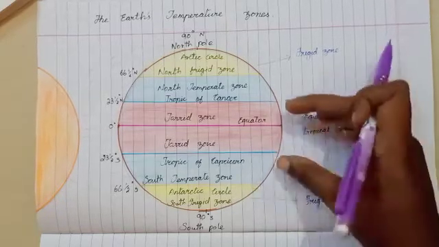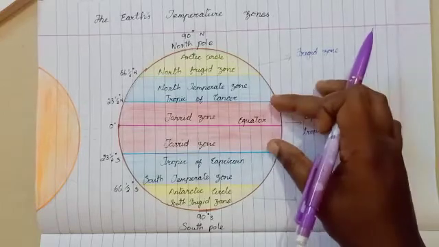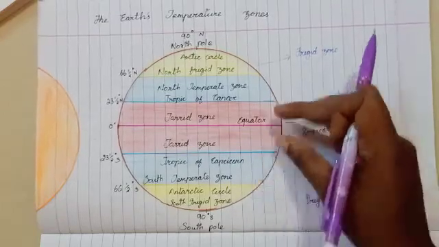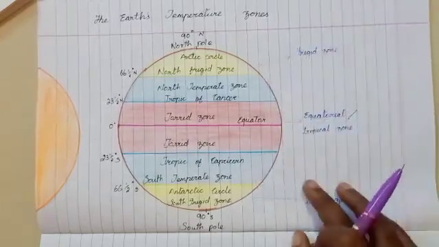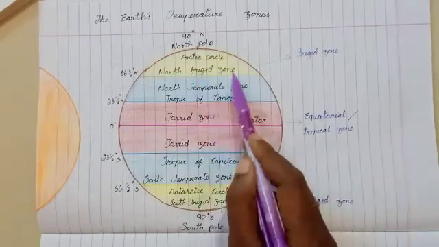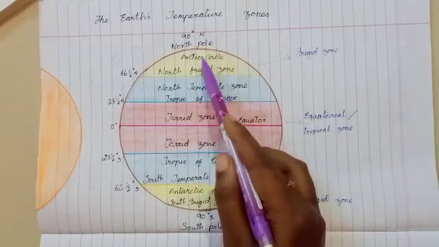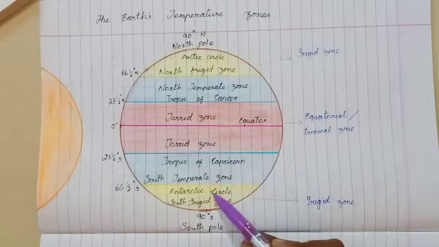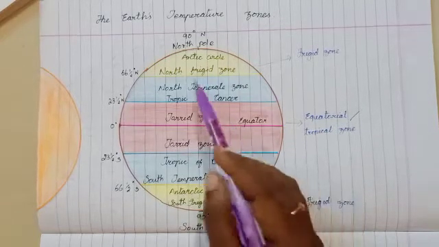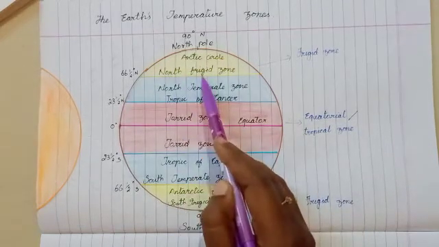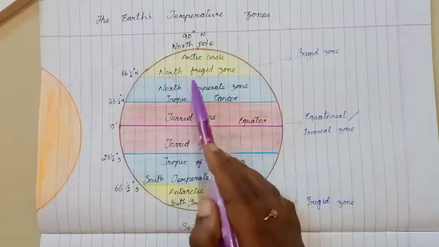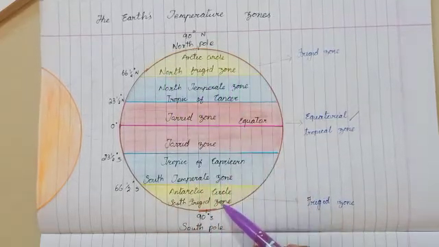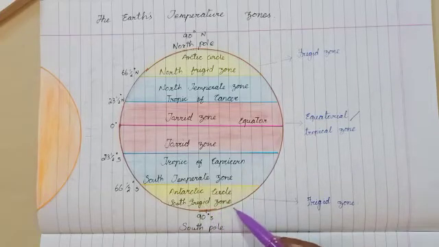So we have learnt about two zones. First one is the torrid zone and second one is the temperate zone. The third one we are going to learn about is the frigid zone. The Arctic Circle and Antarctic Circle area is called the frigid zone. Which is in the north is called the north frigid zone, and which is in the south is called the south frigid zone.